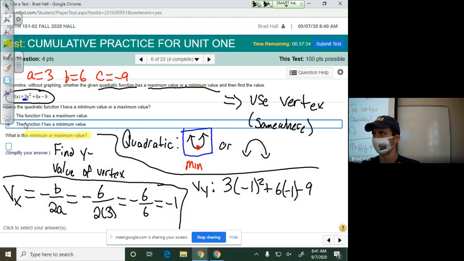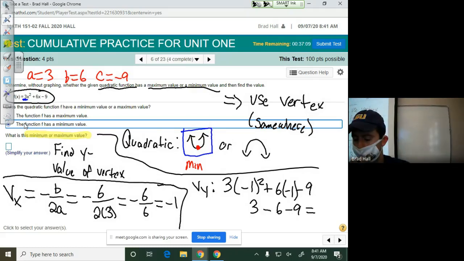The value we just found before, now we're plugging that back into the function to find the y value. So that's going to be 3 plus, well, really -6 minus 9, so -12. And that would be the answer.